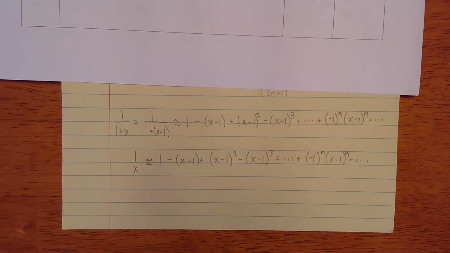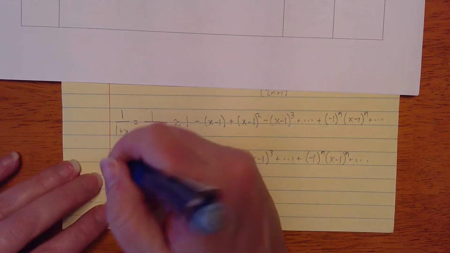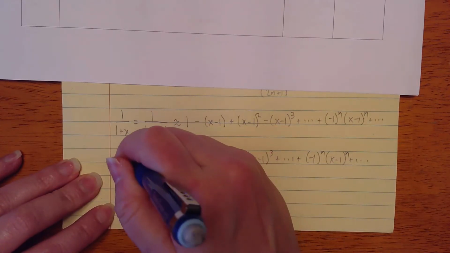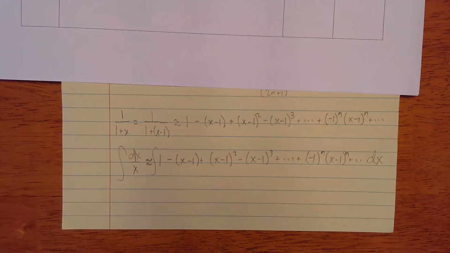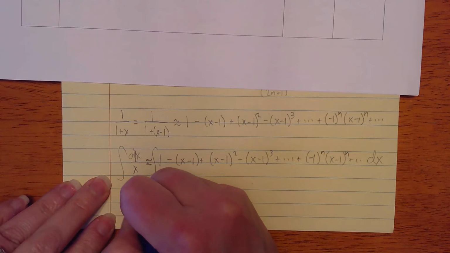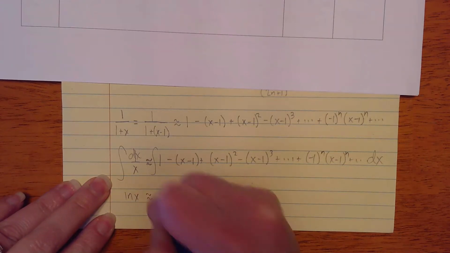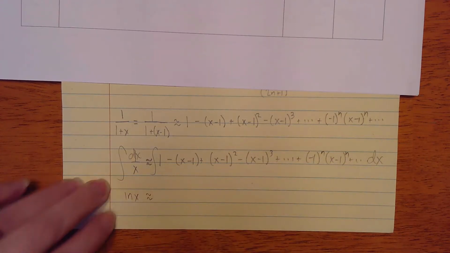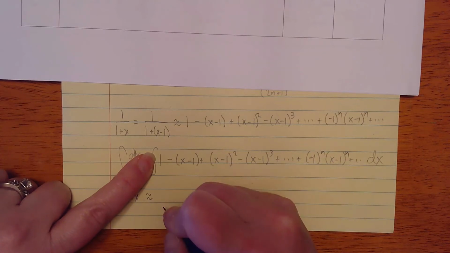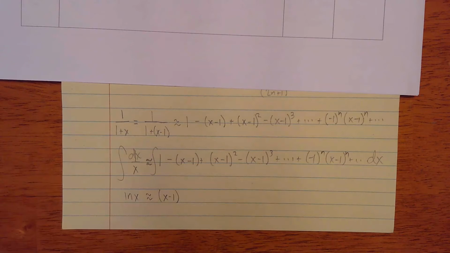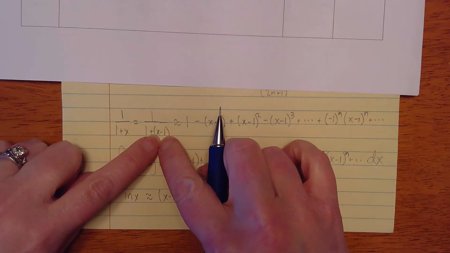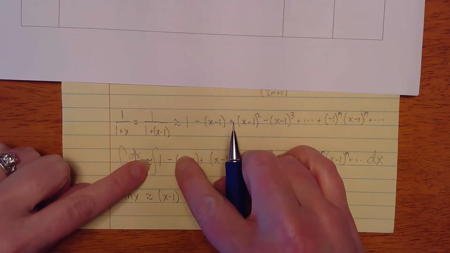Okay, so now we have to integrate that because we want to get to ln of x. With respect to x, remember n is just a number we're carrying along with us, so this turns into ln of x. The antiderivative of this thing is technically x minus 1. It's going to work out better because it's the antiderivative of this thing.